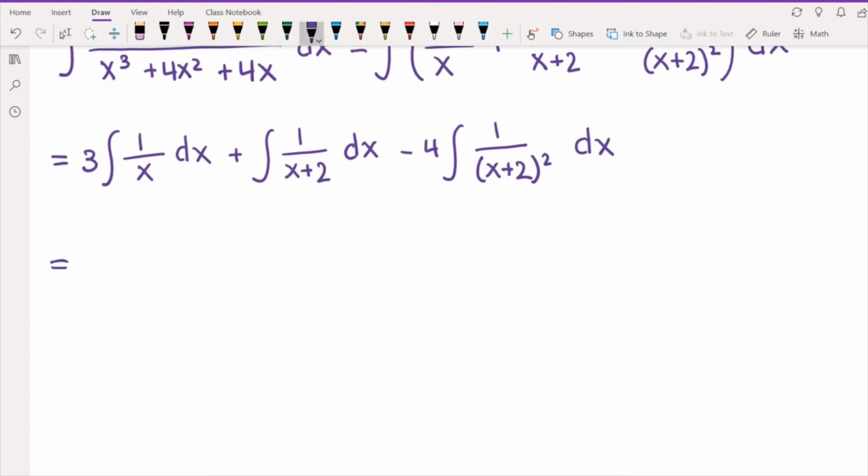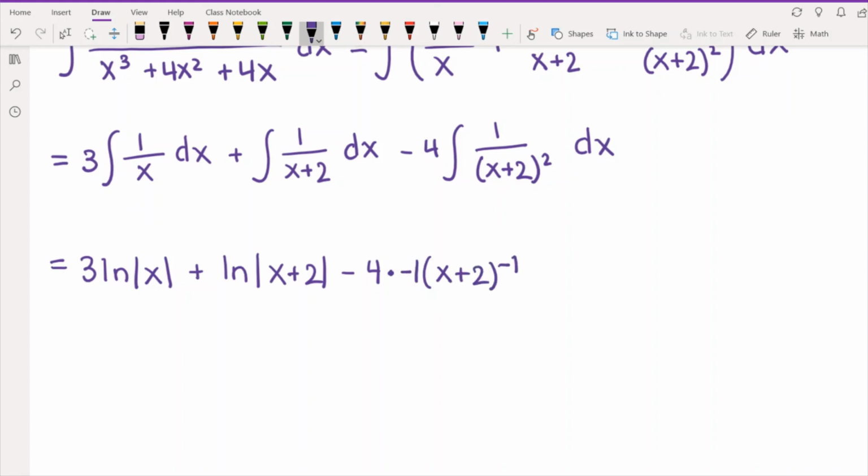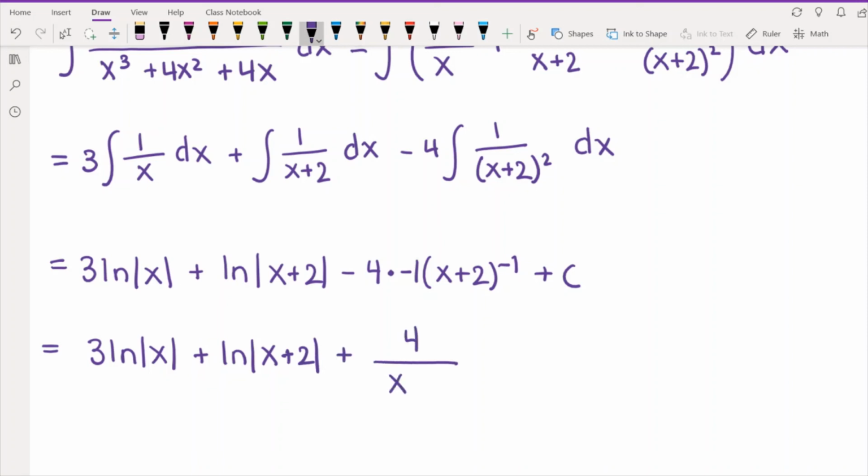So we end up with 3 times ln of absolute value of x plus ln of absolute value of x plus 2 minus 4 times, so here we have x plus 2 to the -1 times -1, plus c. So altogether, this gives us 3 times ln of absolute value of x plus ln of absolute value of x plus 2 plus, and then we can write this as 4 over x plus 2, plus c.